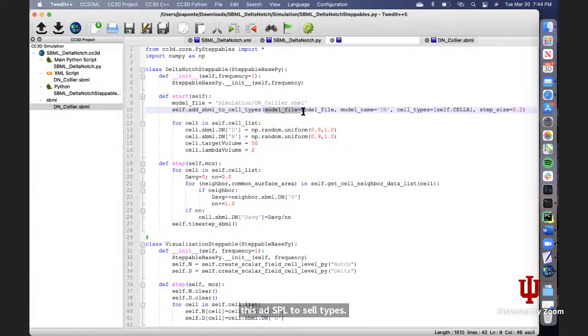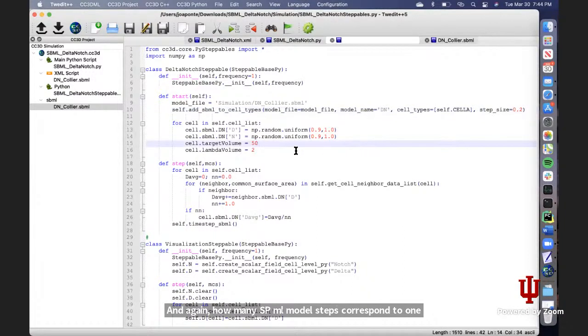And you see that I have to specify then what the model file is, what the name of the model is gonna be, and what are the cell types that I'm gonna be assigning this model to, and again, how many SBML model steps correspond to one of my simulation steps.